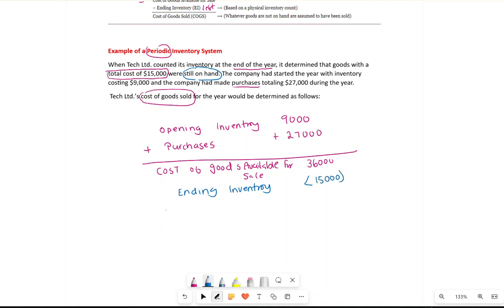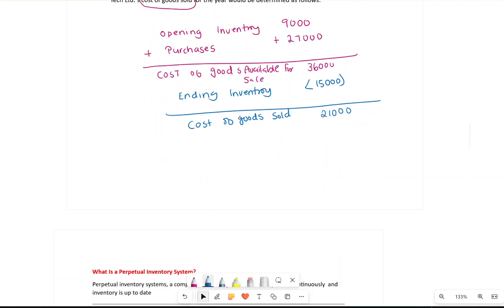That will tell us what we sold to customers. So that will give you cost of goods sold. In that case we sold 21,000 worth of the inventory to the customer. So this is how we calculate the cost of goods sold if the company is using a periodic inventory system.